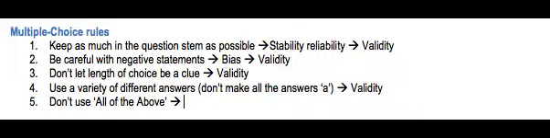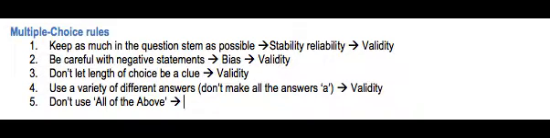The other problem is that it increases the guessing factor, because if I have 3 options, right, and I know that 2 of them are true, I don't really need to know anything about the third one, because if 2 are true and I'm sure that 2 are true, it's got to be all of the above. And so you are giving credit for students knowing that all 3 things are the same in this case, when in fact they only know that 2 of those things are the same.